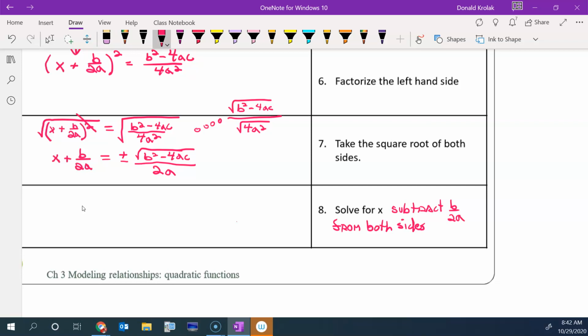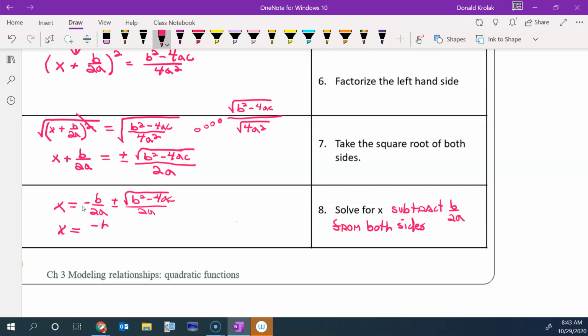So when I do that, I'll have x equals negative b over 2a plus or minus the square root of b squared minus 4ac, divided by 2a. And the denominators are the same.